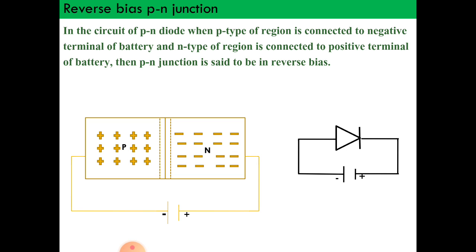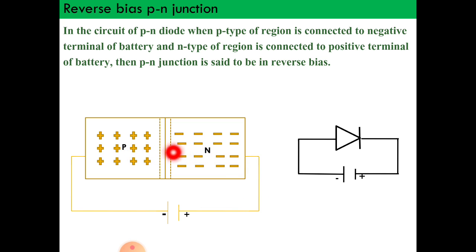Here, the P-type region is connected to the negative terminal of the battery, hence the holes move directly towards the negative terminal of the battery and the electrons move towards the positive terminal of the battery.